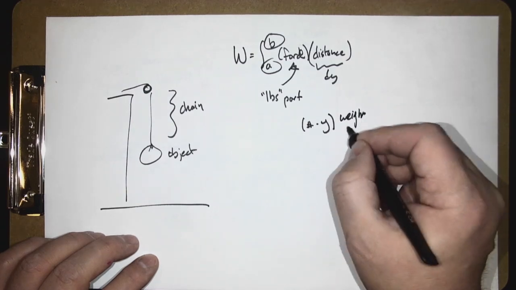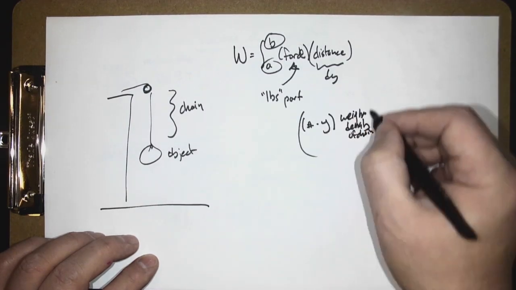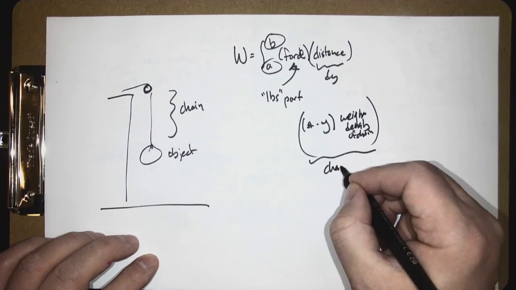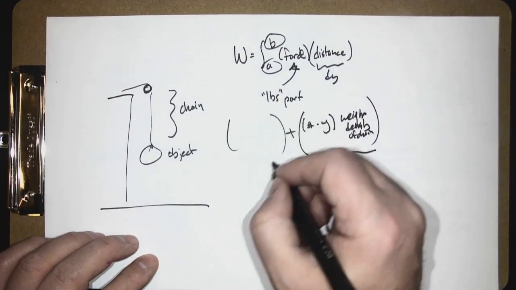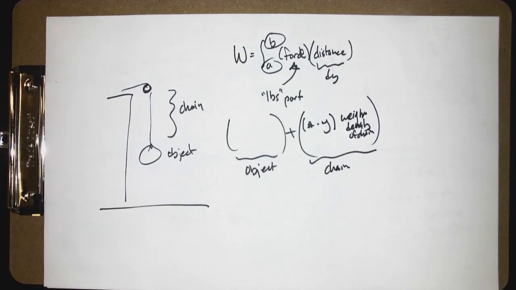Sorry, I know we're out of time. This is the chain portion. And then plus the object portion. Now, the object may be constant weight. Maybe you're lifting a person out of the water onto the chopper. It could be a leaky bucket.